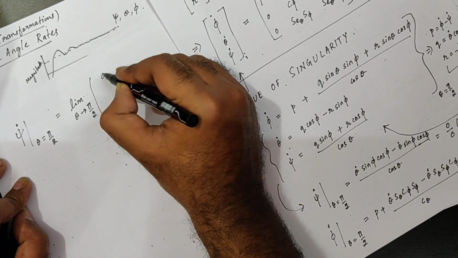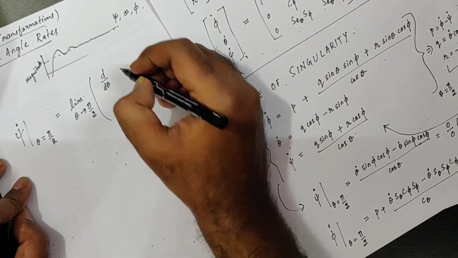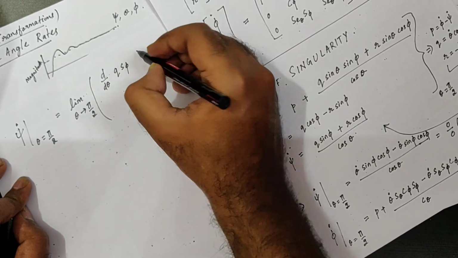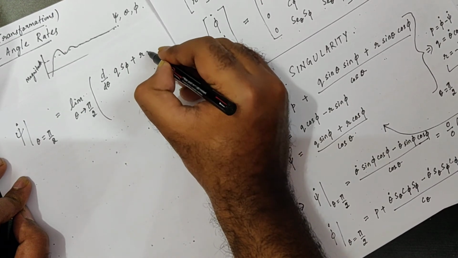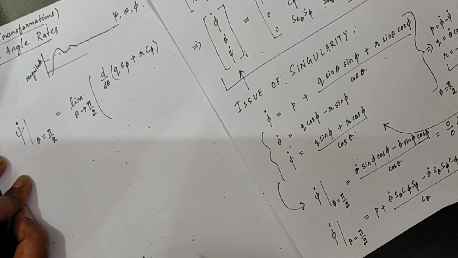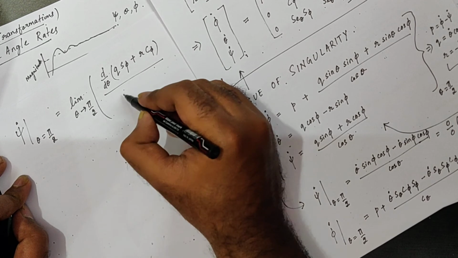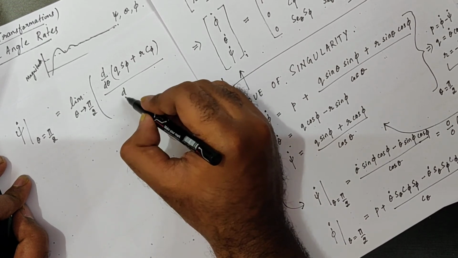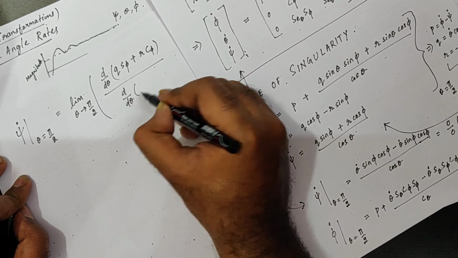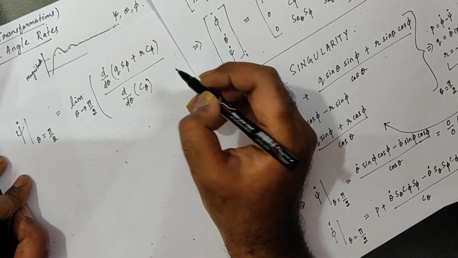Now I need to take the derivative of the upper term, Q sin phi plus R cos phi, and the derivative of the denominator term, d by d theta of cos theta.